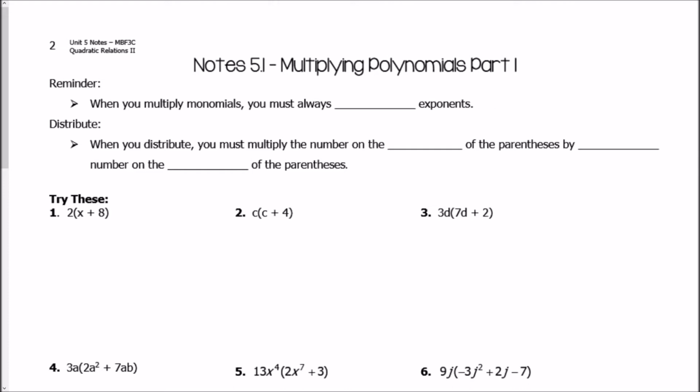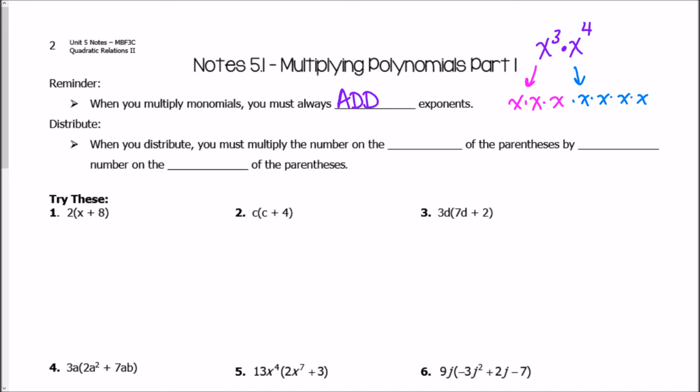So just a reminder that when you multiply monomials, you must always add your exponents. So don't forget, if you had x to the power of 3 times x to the power of 4, for example, x to the power of 3 means x times x times x, and x to the power of 4 means x times x times x times x.